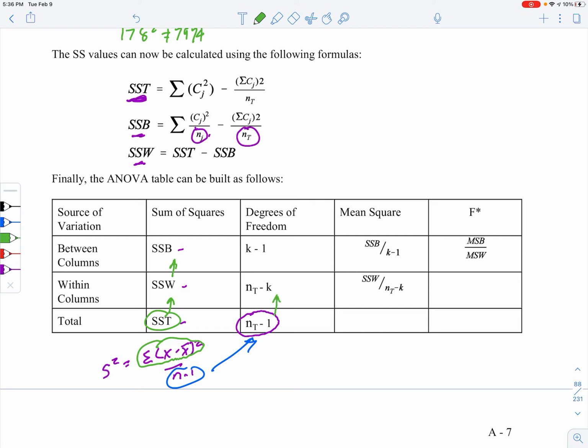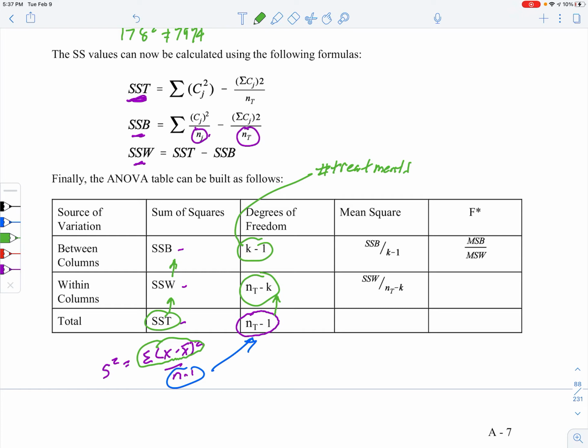Just like we break the n minus 1 into 2 components, K minus 1 and NT minus K. What's K? Well, K is actually the number of treatments. So K stands for the number of treatments, 3 in our particular case for the Alberta, BC, Ontario, 3 for the clubs, 3 for the families. Of course, in other problems, it'll be different.